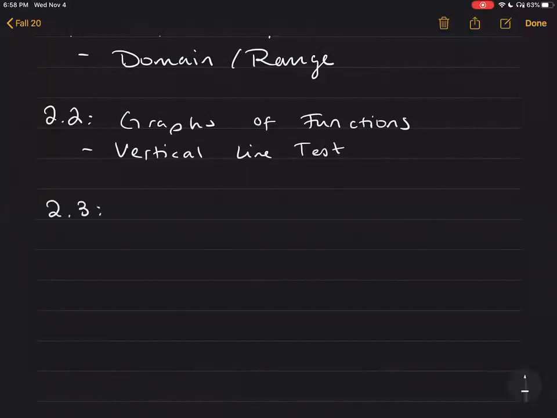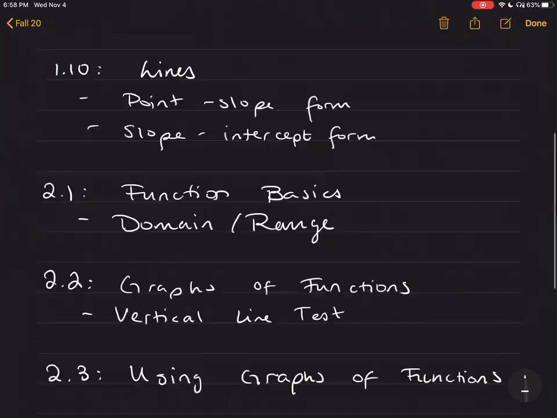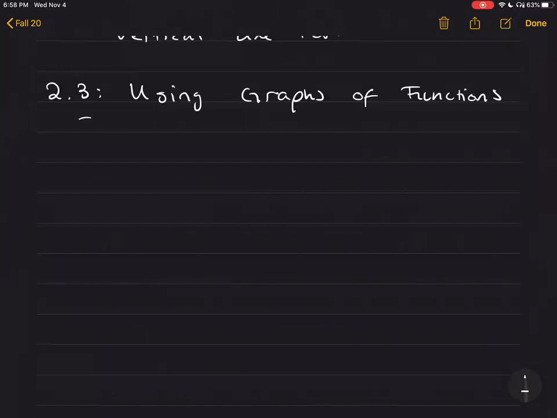2.3 was using graphs of functions. And we did a whole bunch of things with this. We used graphs to find domain and range.